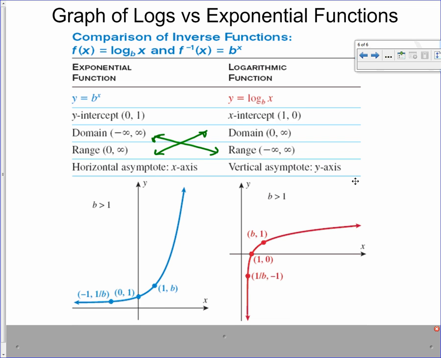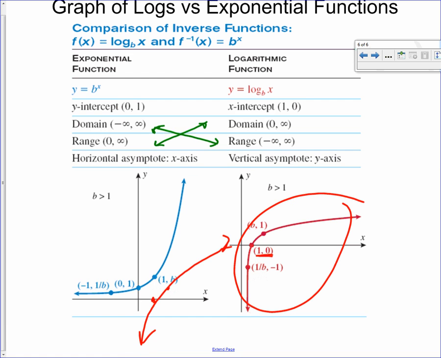So what if I took this red logarithmic function and put it on the blue graph? I would go through the point (1, 0). I would go through the point (b, 1), and I would look like that. Does that look like anything that we've done before?